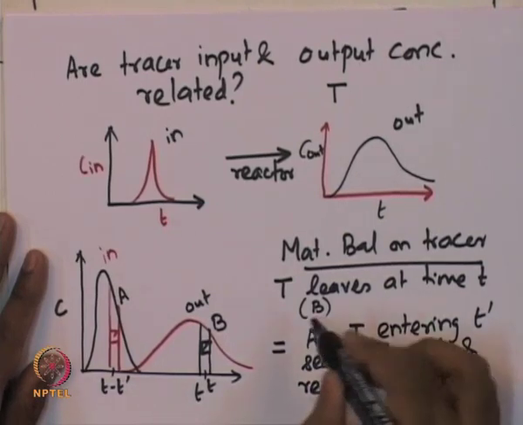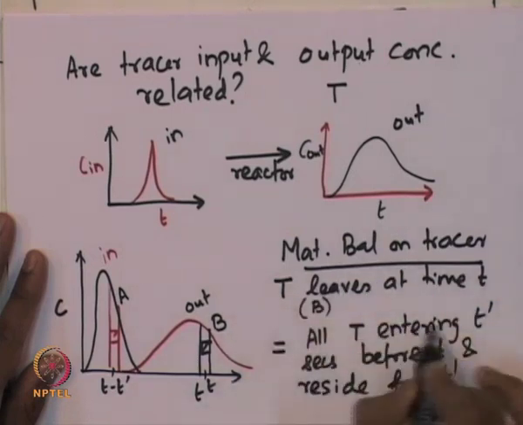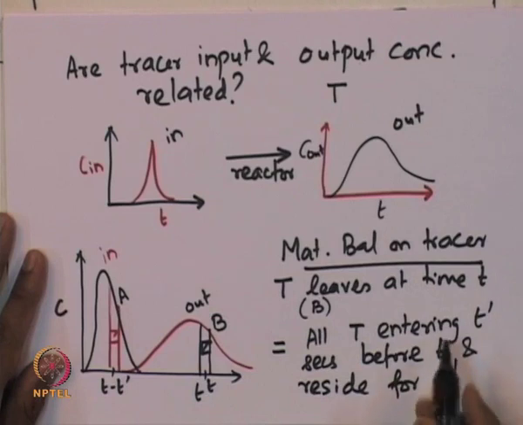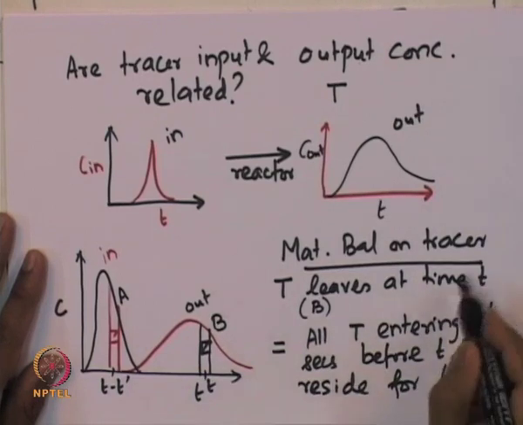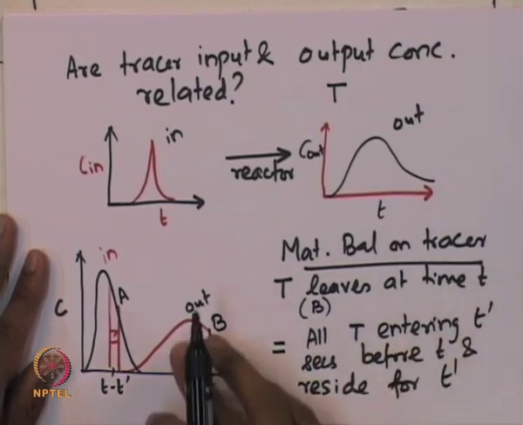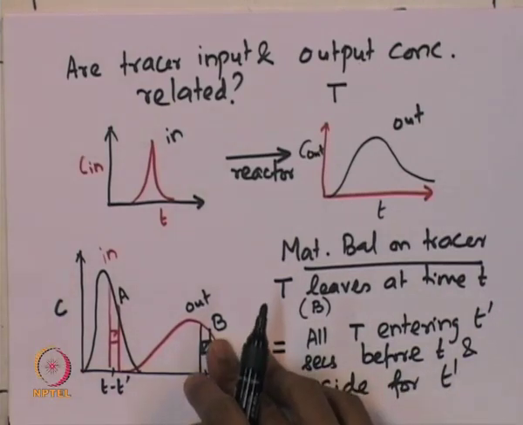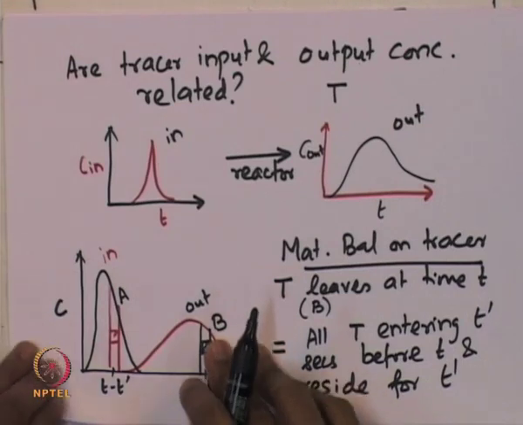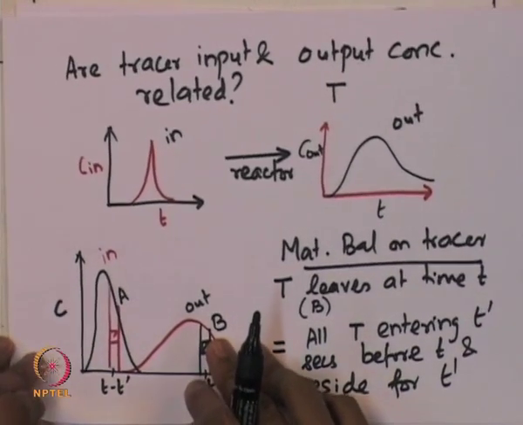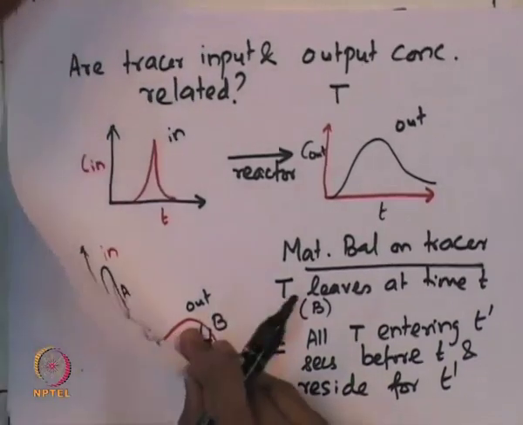So, the amount of tracer that leaves at this time should be equal to all the tracer that entered t prime time before this time t and resided for that span of time t prime. That is the material balance which connects the amount of tracer that leaves the reactor and the amount of tracer that enters the reactor at a certain time t.